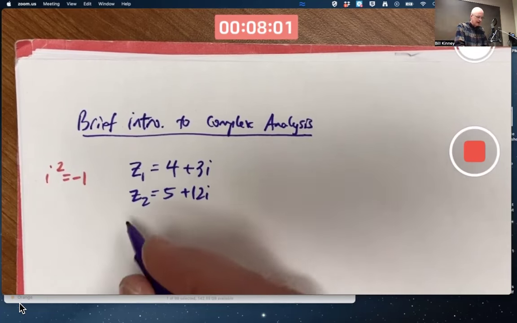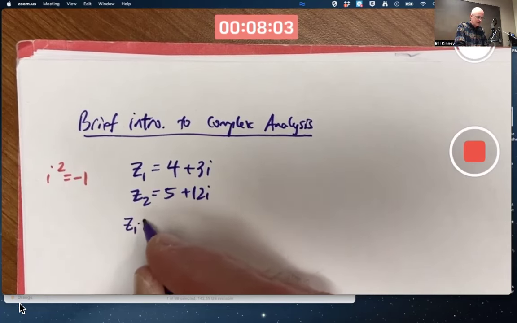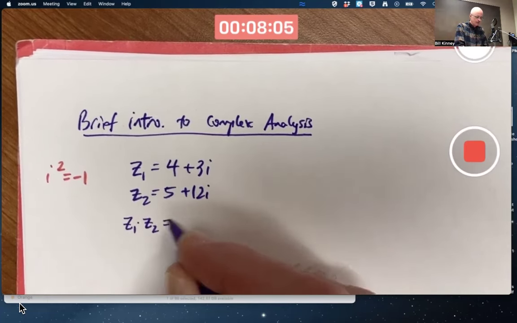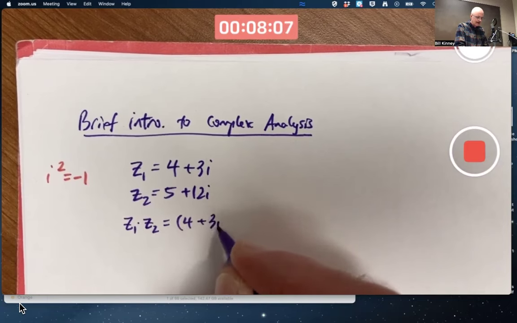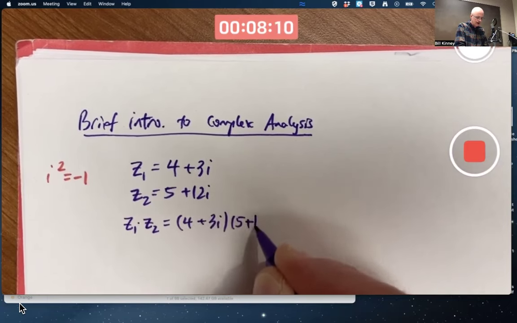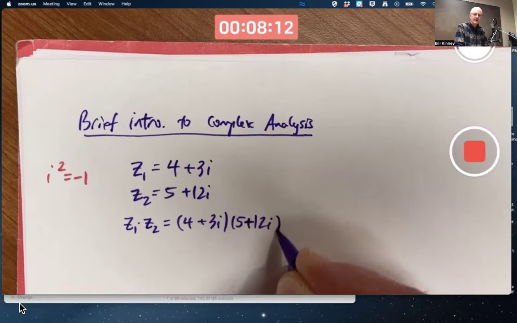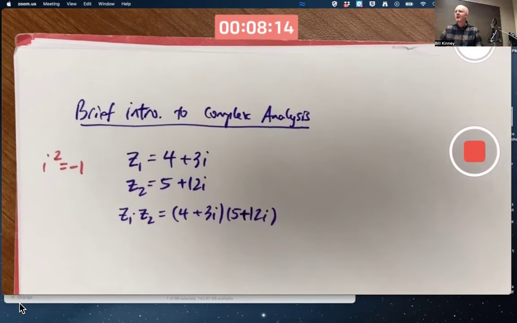Let's remind ourselves how to compute the product, Z1 times Z2. That would be 4 plus 3i times 5 plus 12i. We FOIL as if these were two polynomials in i, but then we use the fact that i squared is -1 to simplify. Whereas you don't do that with polynomials, right?